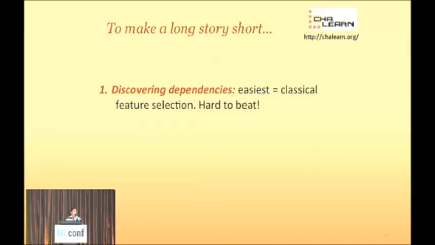And we have been working, before we ventured on working on causality, on the problem of feature selection, which is still hugely important, but essentially tries to uncover dependencies between variables. And this works really well, and it's hard to beat with causal algorithms. Which means that if you try to get a little bit better than finding mere dependencies by orienting edges in a graph, then you might actually get worse results than if you just guess the orientation at random and you focus only on finding which are the nodes that are connected.